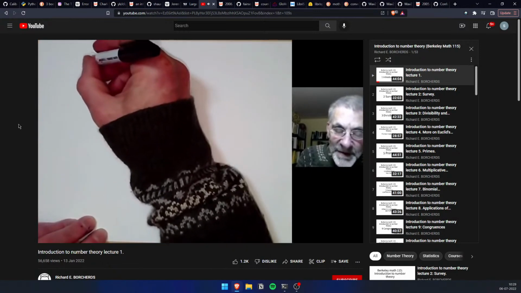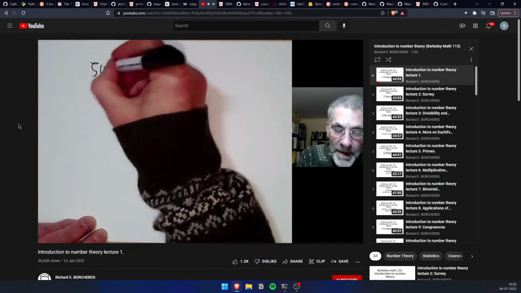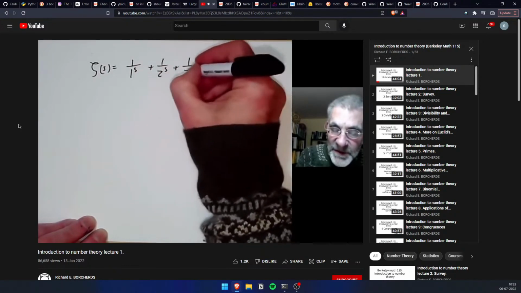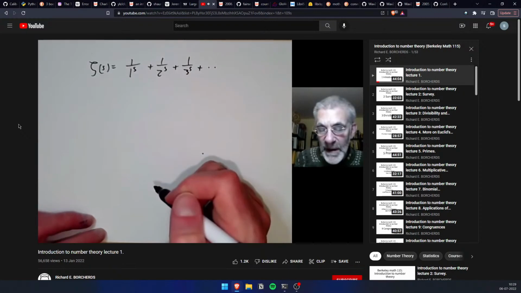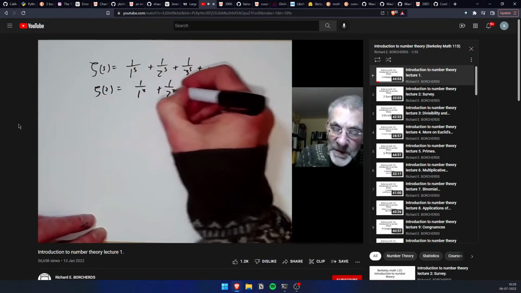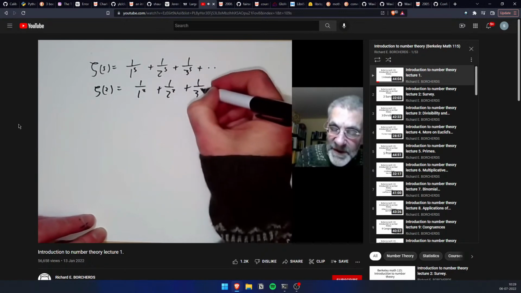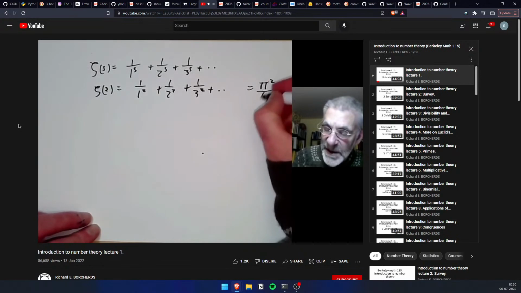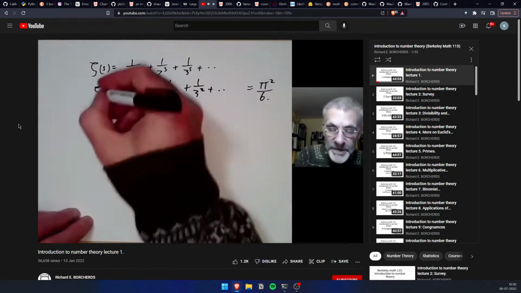The numbers rho are the zeros of the zeta function, which is given by 1 over 1 to the s plus 1 over 2 to the s plus 1 over 3 to the s, and so on. So for example, zeta of 2 is equal to 1 over 1 squared plus 1 over 2 squared plus 1 over 3 squared. This is a rather difficult sum to evaluate. Euler became famous by discovering it was actually equal to pi squared over 6.